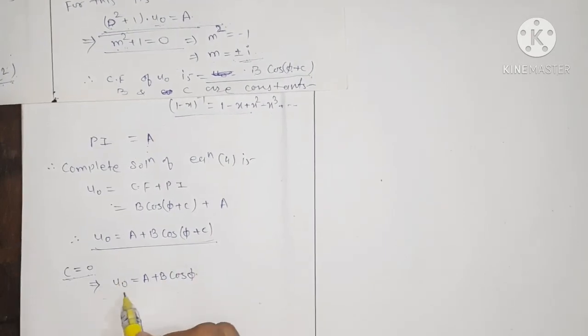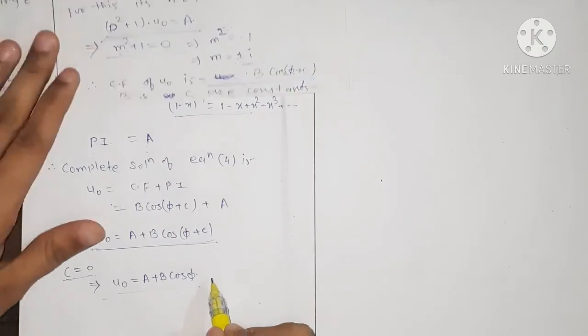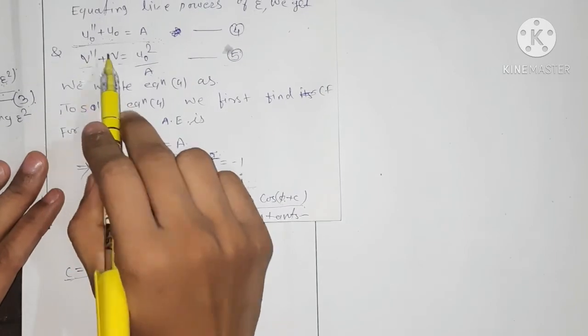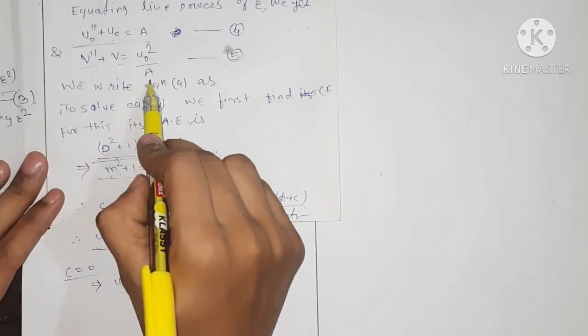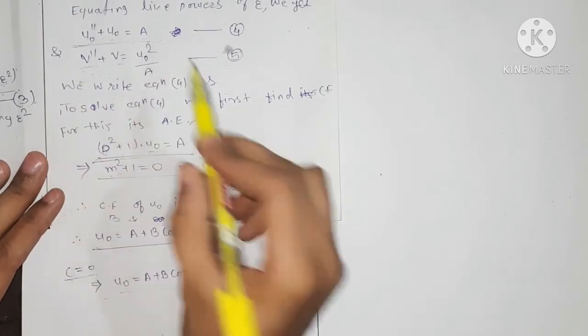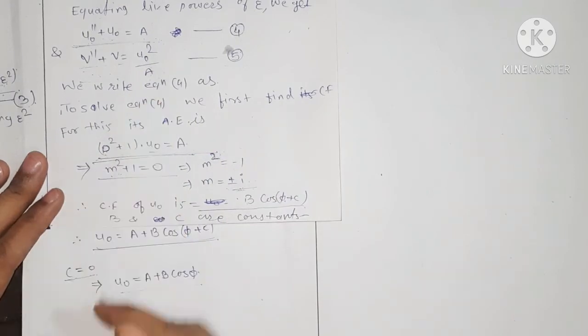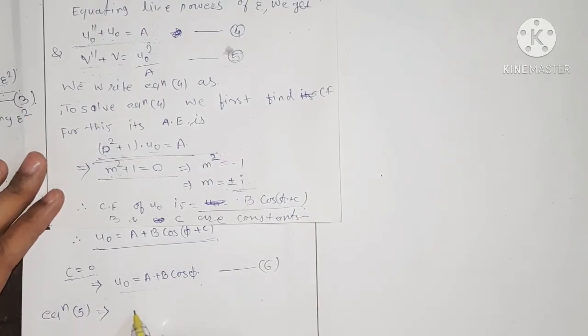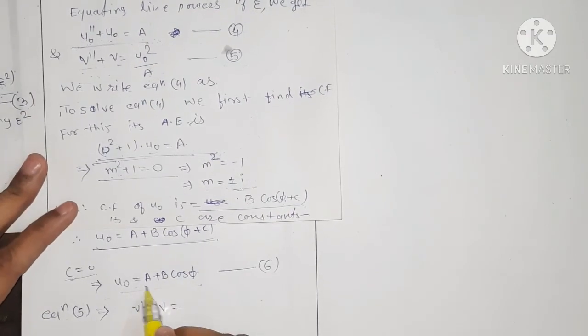Now we substitute the value of u0 in equation 5. So our next equation, that is v double dash plus v equals u0 square upon A, we find by substituting the value of u0 here. We give this as equation number 6. Equation 5 implies v double dash plus v is equal to u0 square upon A. What is the square of this?